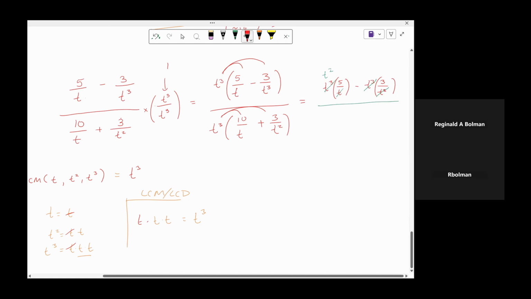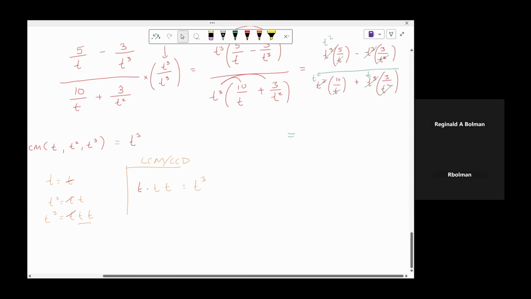Same thing will happen in your denominator. You'll have a t cubed times 10 over t plus a t cubed times 3 over t squared. And your t will also divide out with the t cubed. You'll be left with a t squared. Your t squared will divide out. You'll be left with a t.